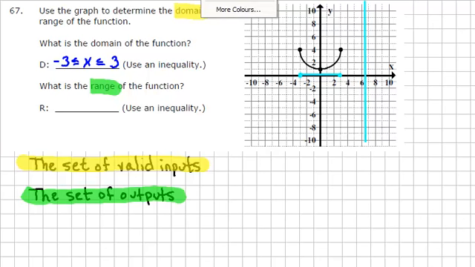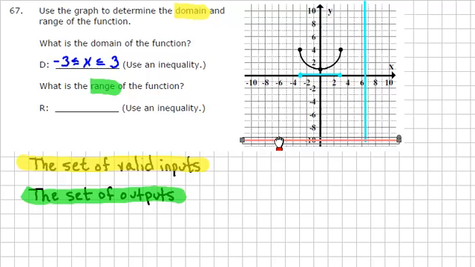So to find the set of outputs, use a similar procedure, but instead of using a vertical line, I create a horizontal line. And then I imagine sliding that horizontal line from the bottom to the top and determine whether the y numbers are outputs or not.